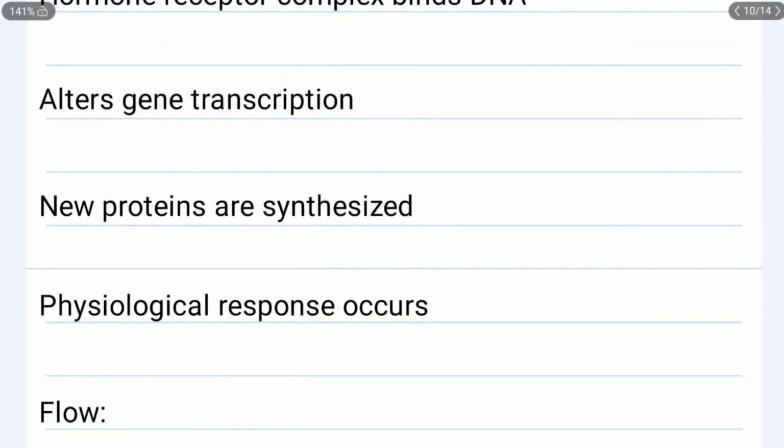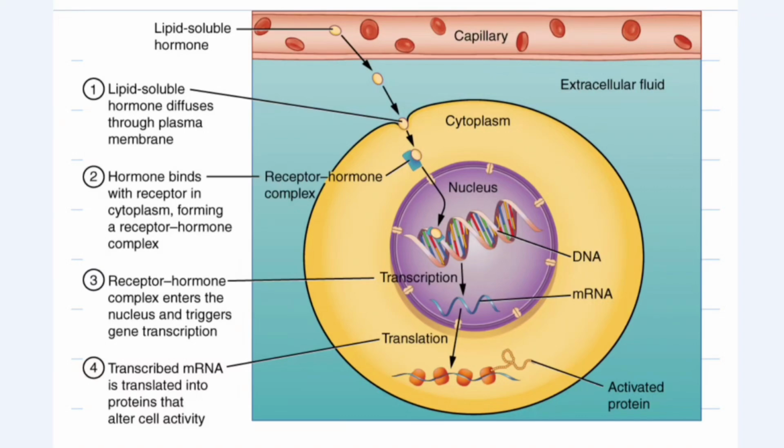And the physiological response occurs. Here in the picture, there is a lipid soluble hormone which directly enters into the cell by piercing the cell membrane. And inside the cell there is the receptor. The hormone binds with the receptor and forms the hormone receptor complex.